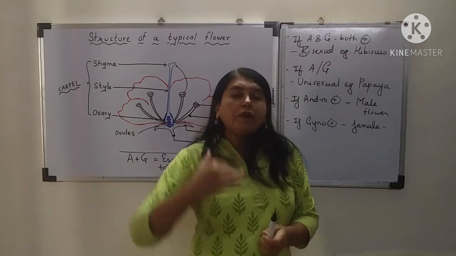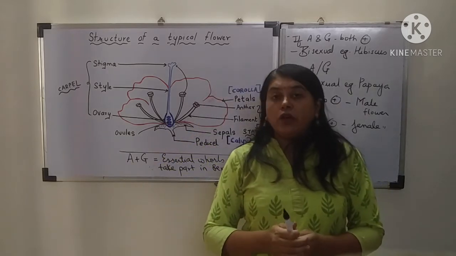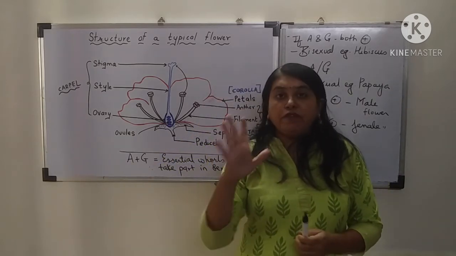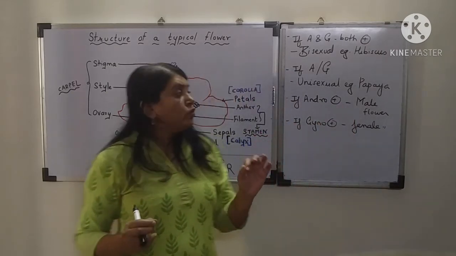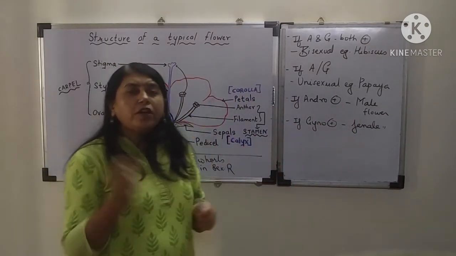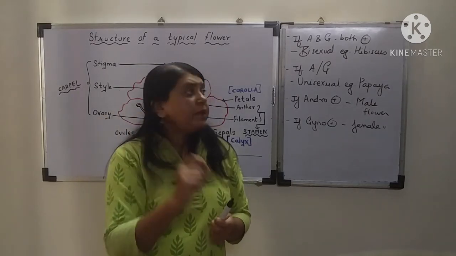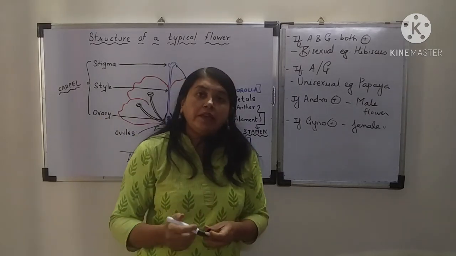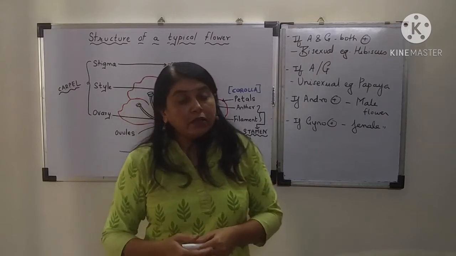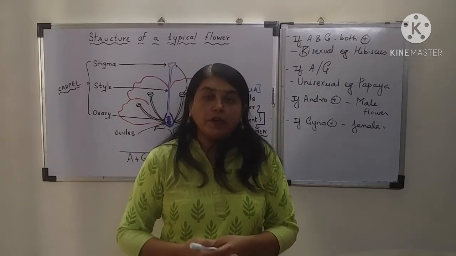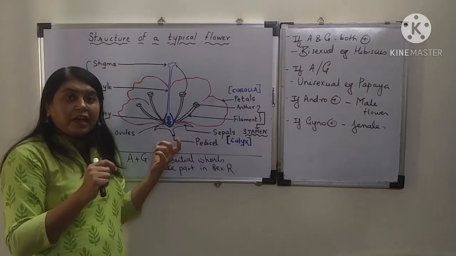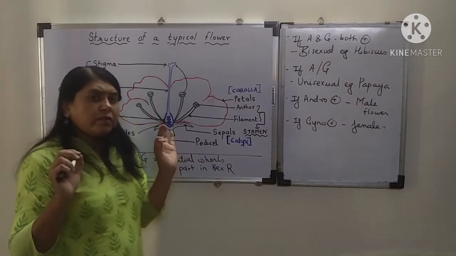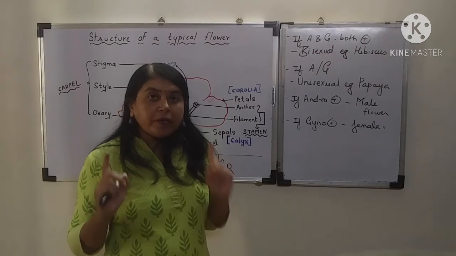So I'll summarize all the points again for you, on how to write the 5 marks answer for this. First and foremost, you will draw this diagram, or you can even give an introductory statement: flower is the main sexually reproducing unit of angiosperms or flowering plants. Then you will draw this diagram with the steps I have told you, labeled properly.